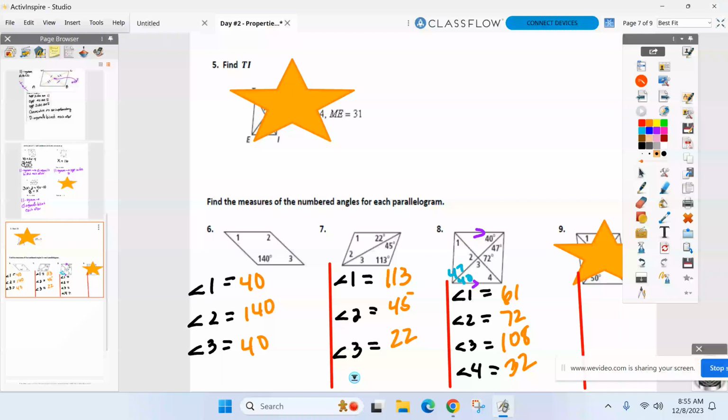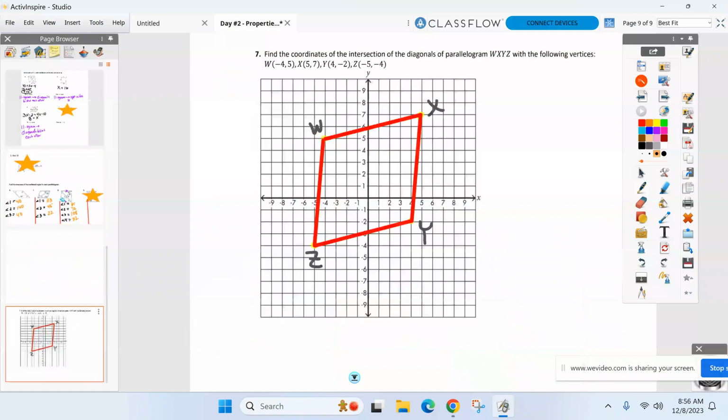All right, last one. Go ahead and please graph that parallelogram with W, X, Y, and Z, and please connect them to make a parallelogram. Last one here of the day. W, X, Y, Z, make a parallelogram out of it.